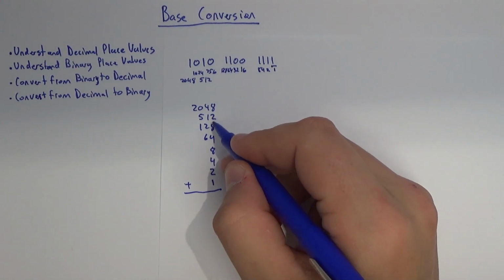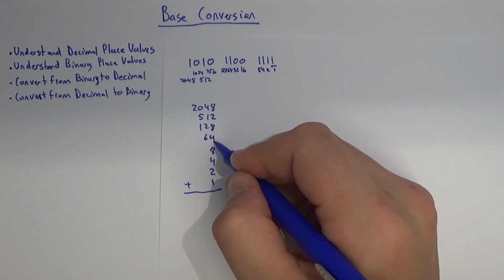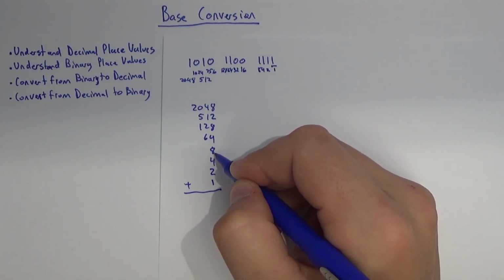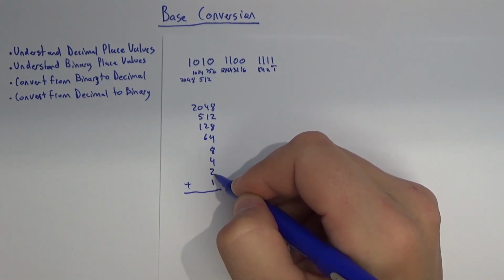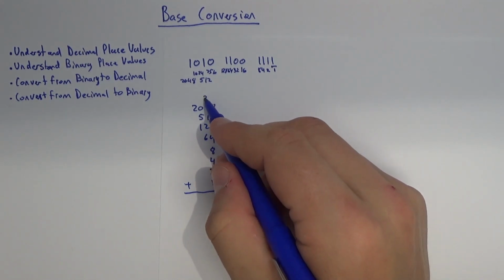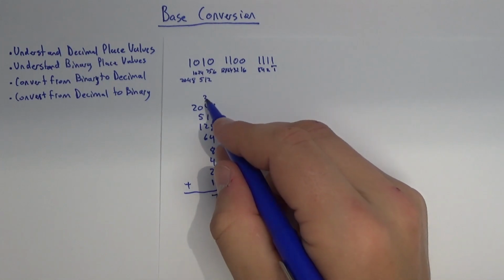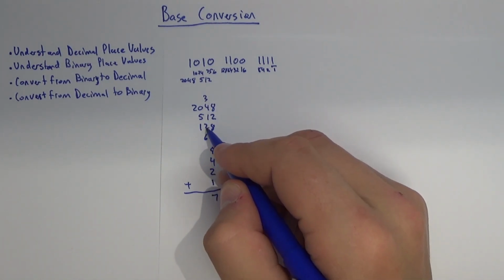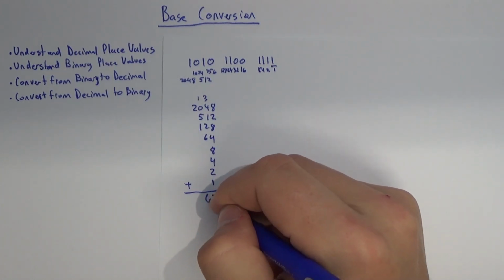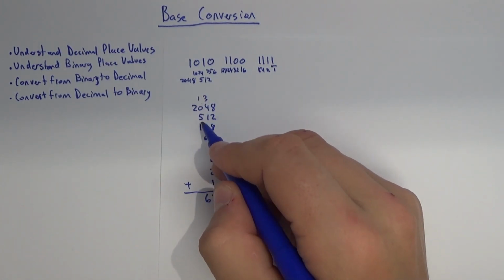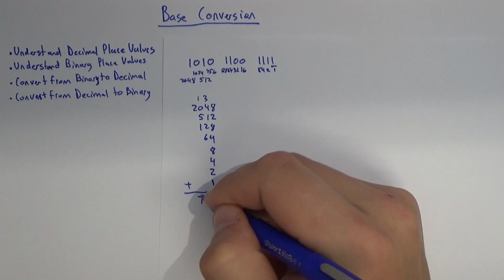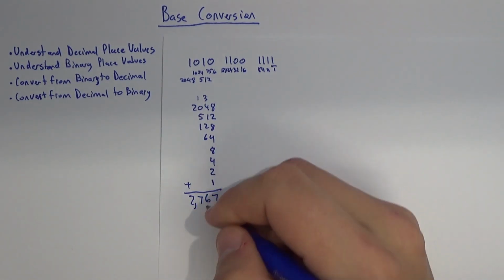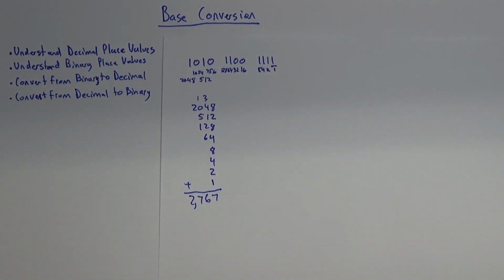So 8 and 2 is 10, plus 8 is 18, plus 4 is 22, plus 8 is 30, plus 4 is 34, 36, 37. Right, 3 and 4 is 7, plus 1 is 8, plus 2 is 10, plus 6 is 16. And 1 plus 5 is 6, plus 1 is 7, and there it is, 2,767. Okay, represented there.